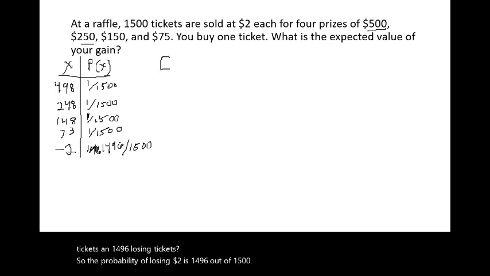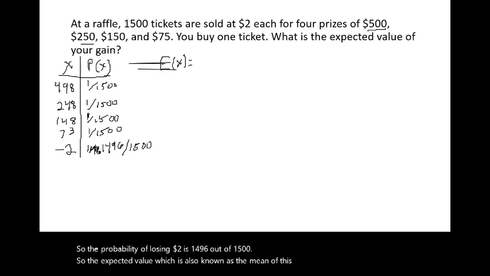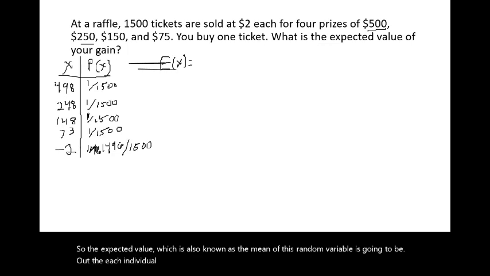So the expected value, which is also known as the mean of this random variable, is going to be each individual outcome multiplied by its corresponding probability.